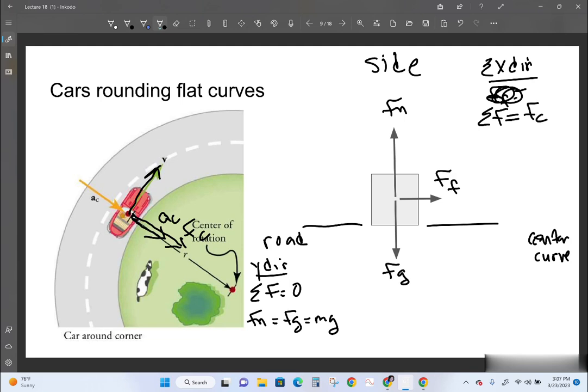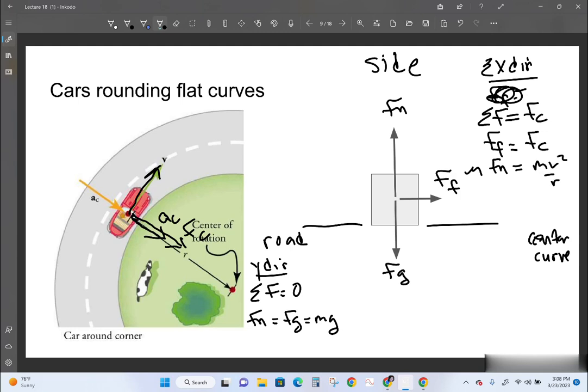The net force is equal to the centripetal force. And the only actual force that's acting on it is the friction between the tires and the road, which is FF, which is FC. So FF is mu times Fn, and FC is mv squared all over r.